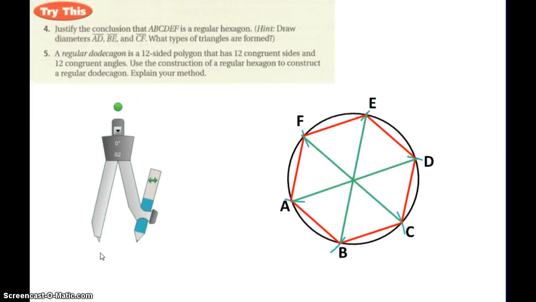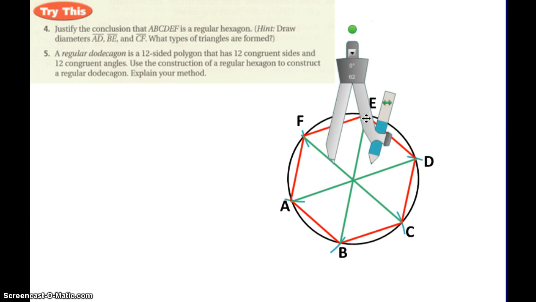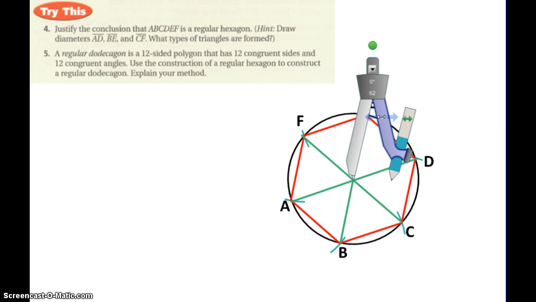Now number 5 says a regular dodecagon is a 12-sided polygon that has 12 congruent sides and 12 congruent angles. So just like what we did before, when we changed the quadrilateral to an octagon, we can change our hexagon into a dodecagon by bisecting each angle.